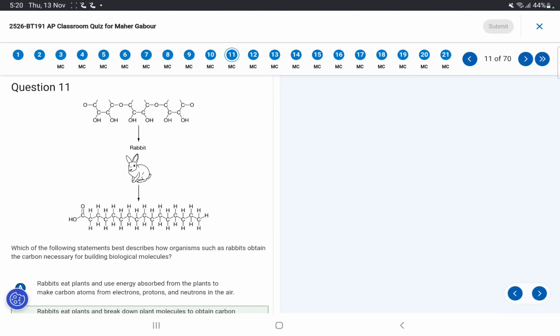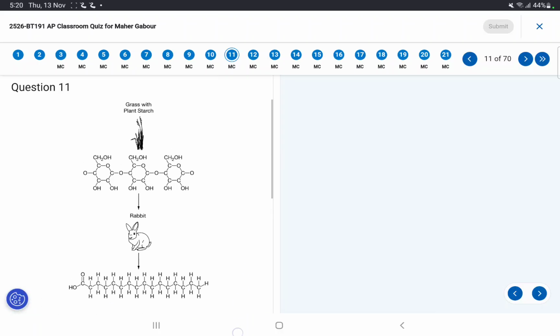Okay, so which of the following statements best describe how organisms such as rabbits obtain the carbon necessary for building biological molecules? So we have a plant, we have grass with starch. Okay, starch is what? Starch is a carbohydrate. What do carbohydrates contain? They contain carbon.